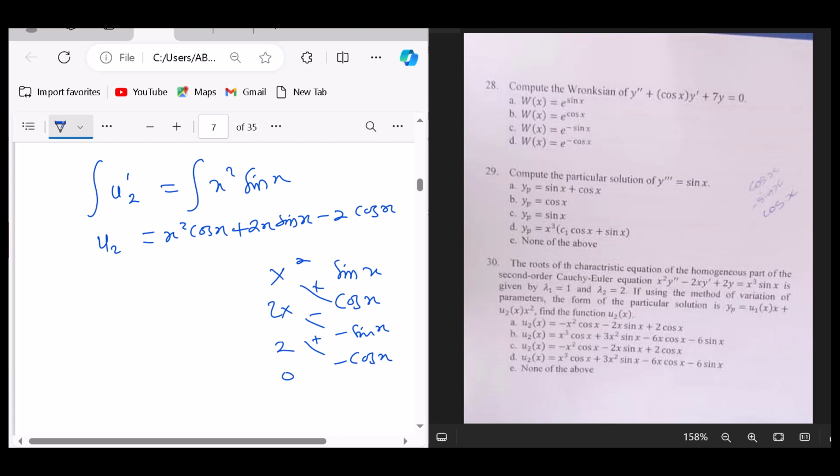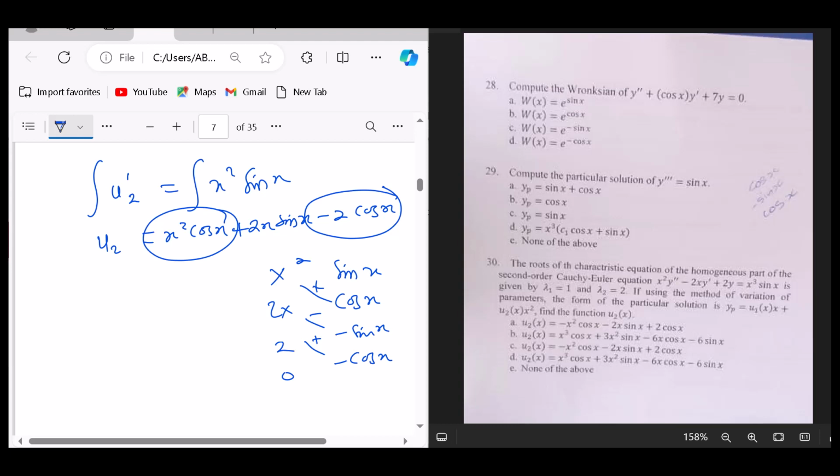But it will not work that way. So we will have to take none of the above, because in either of them, this term is supposed to be negative and this term is supposed to be positive.